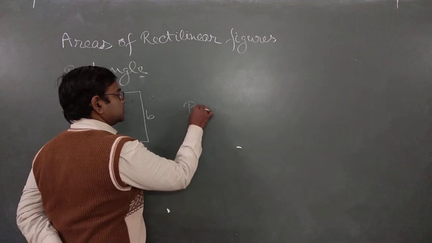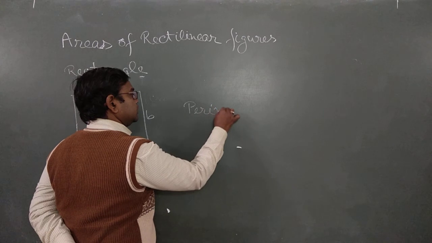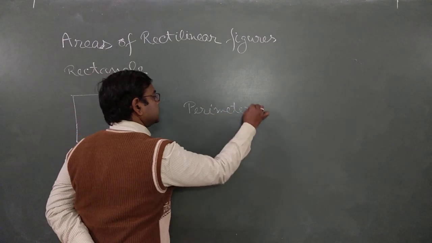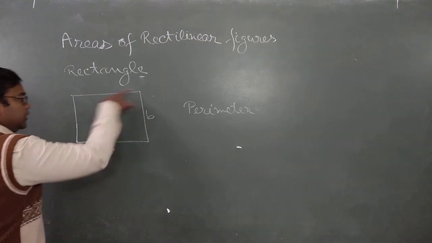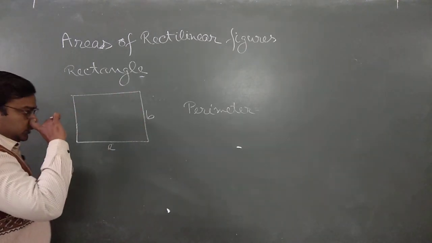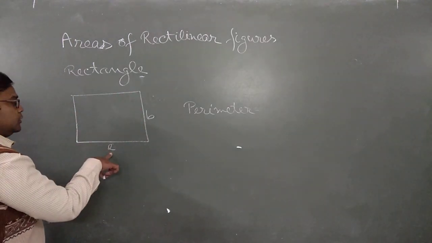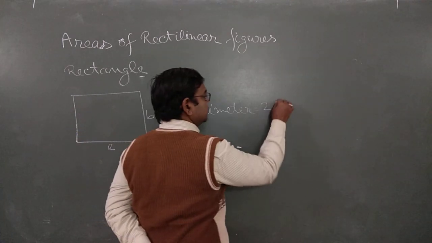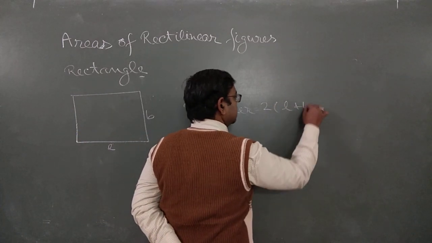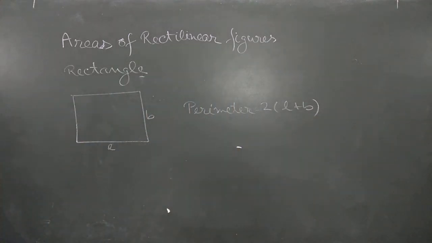Perimeter means total boundary. Perimeter or circumference is the complete boundary, the measurement of the boundary of the figure. In this case it is a rectangle with 2 lengths and 2 breadths. So the formula is 2 into (length plus breadth). This is the perimeter of a rectangle.